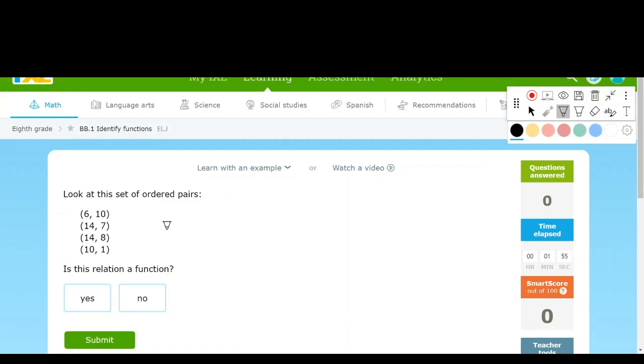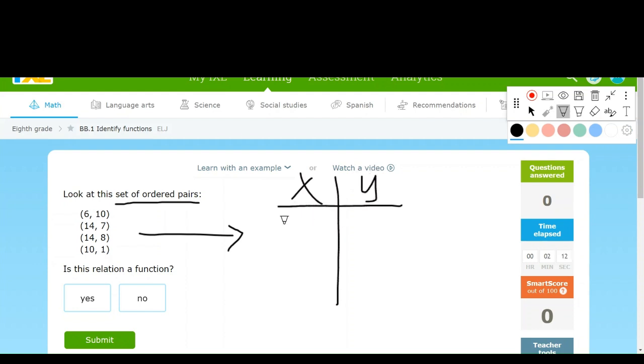Here's another problem. Notice how now we're given sets of ordered pairs instead of a table. Well, we can directly translate these ordered pairs onto a table. So remember how earlier we had a table of x and y values? We can just copy them down. So ordered pairs, the first value is usually the x, and the second value is the y value.